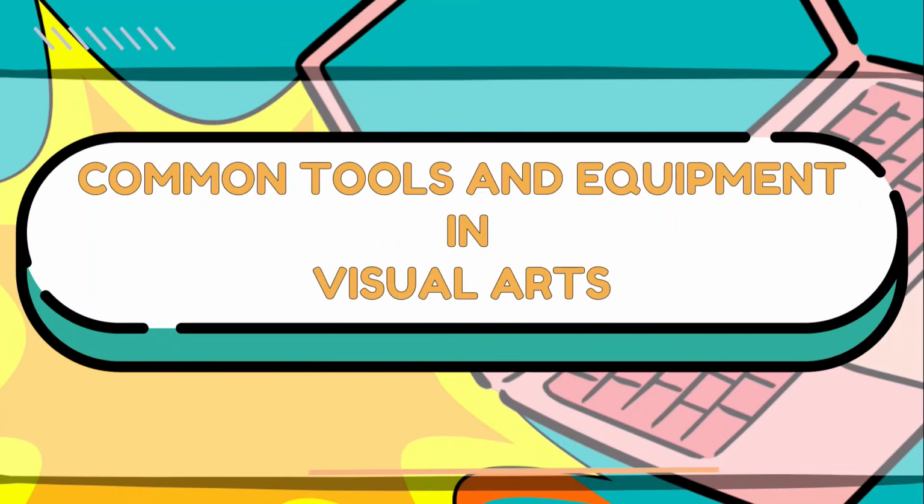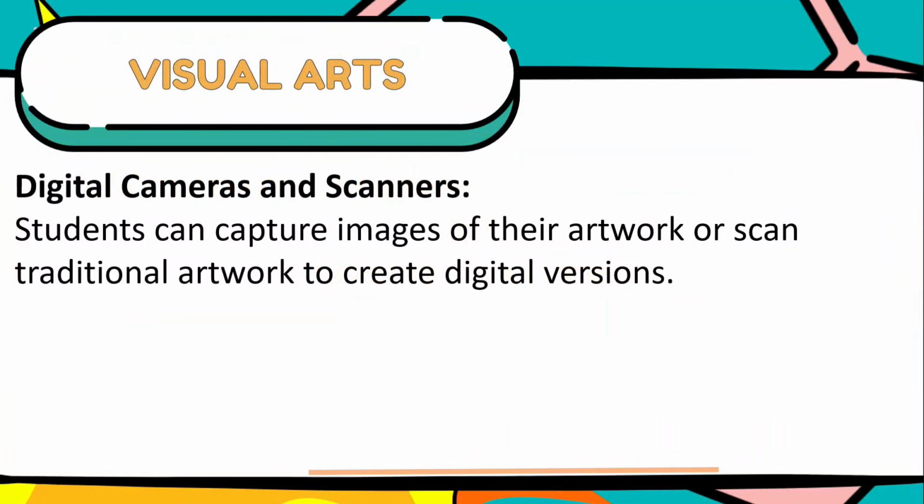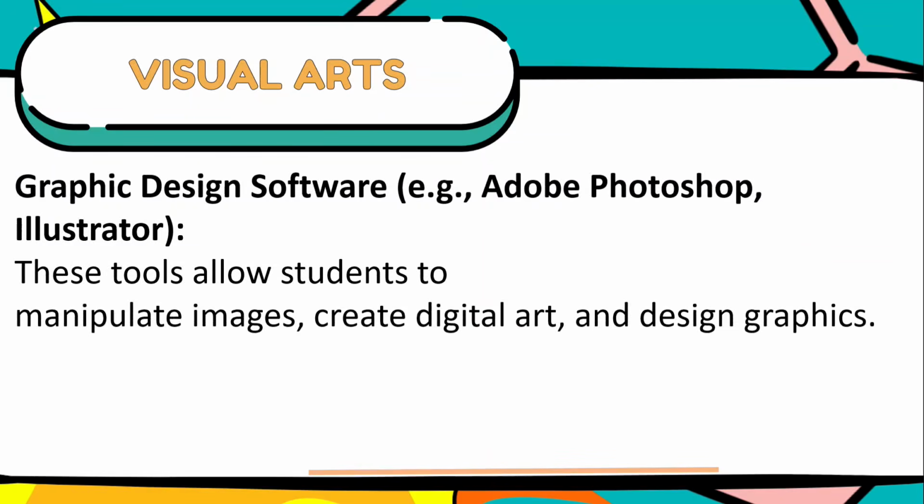Common tools and equipment in visual arts. Digital cameras and scanners. Students can capture images of their artwork or scan traditional artwork to create digital versions. Graphic design software like Adobe Photoshop and Illustrator.